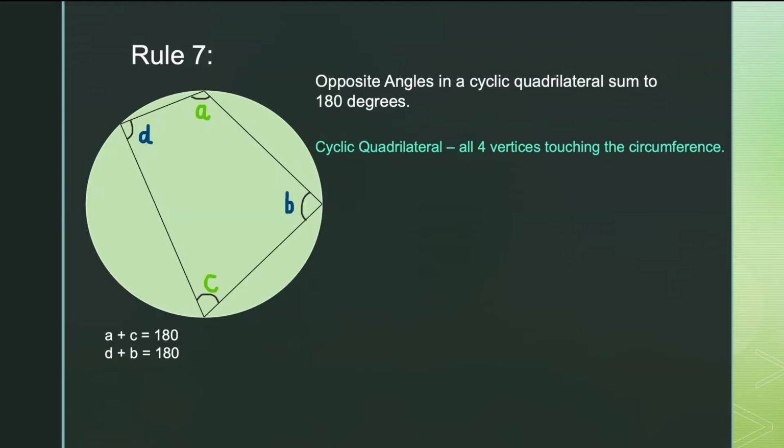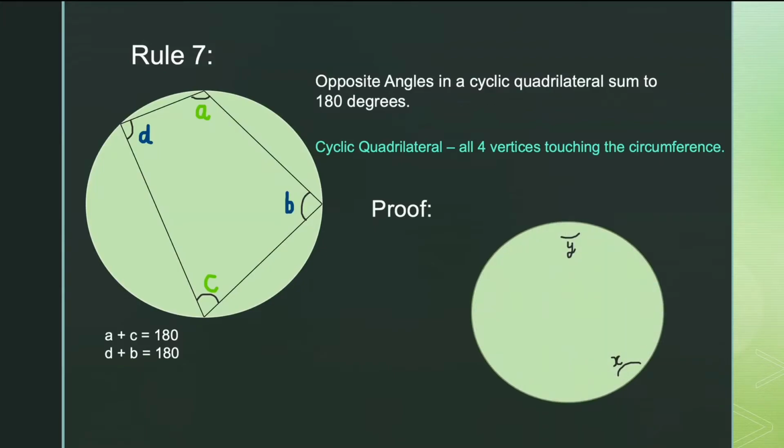So now for the proof. Start with a cyclic quadrilateral and write in two opposite angles, X and Y. Okay, so we can work with them. Draw 2 radii going to opposite corners of the quadrilateral.